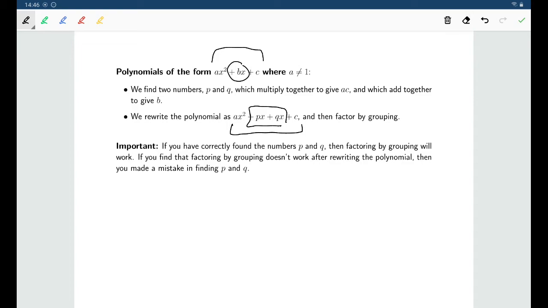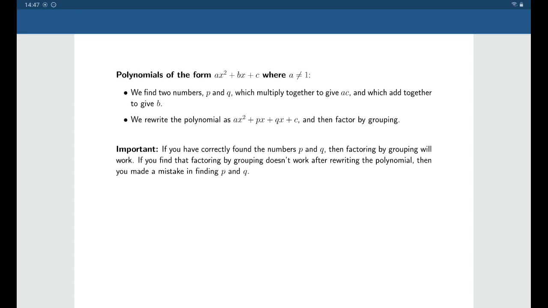Now, a fun fact with this is that if you do find your two numbers correctly, and if you correctly found the p and the q in question, then factoring by grouping will work. If factoring by grouping doesn't work at this point, then that means you didn't find the two numbers correctly, and go back and check your work. So let's see an example of this.